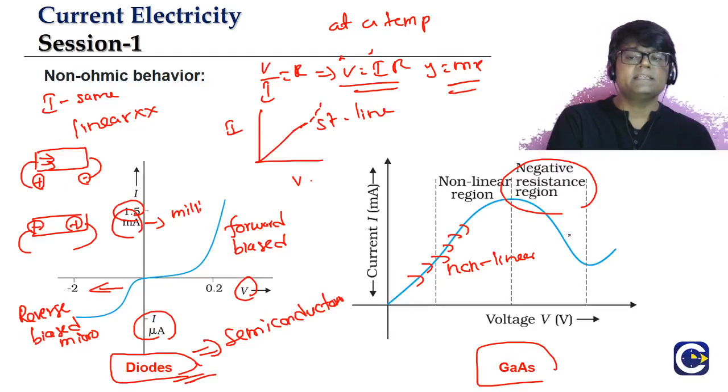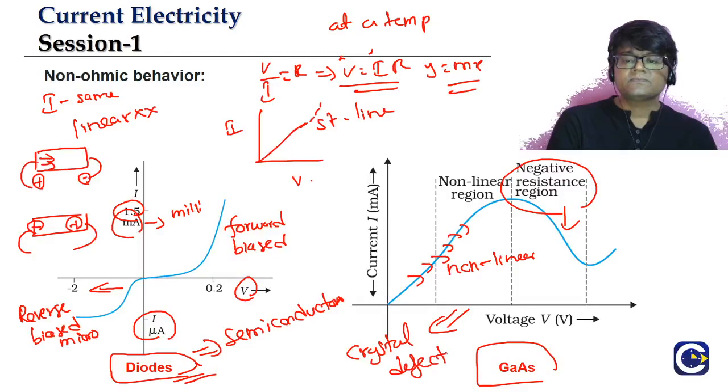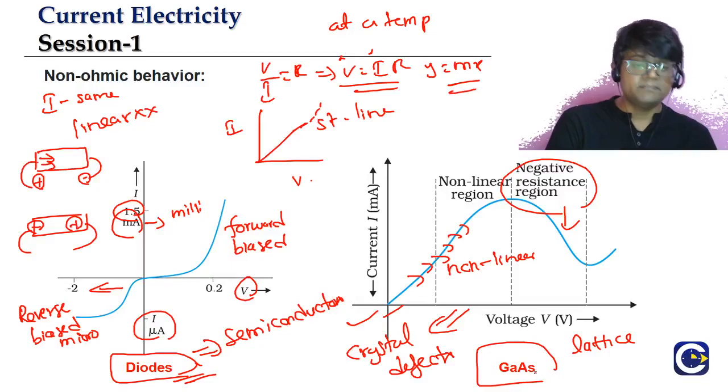The current is decreasing. So this region is called what, guys? The negative resistance region. And this behavior will mainly come because of the crystal defects. In chemistry solid state you will be learning about this. Why does this non-linear behavior and negative resistance behavior come? Because of the crystal defects and the lattice aspects of substances like gallium arsenide.